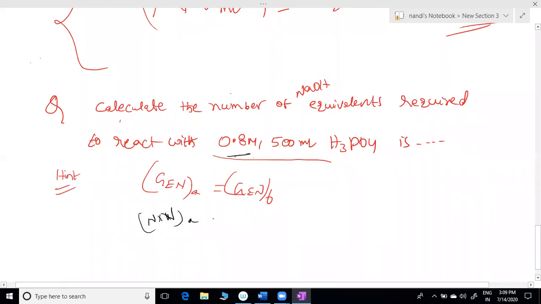This is acid. Anyway, I am asking the number of equivalents only. I don't want to change anything. I can use the gram equivalent number directly. For the base, what is the normality here? What is the n factor for H3PO4? 3. So I am going to use here 0.8, n factor is 3, into V ml, sir, 500.